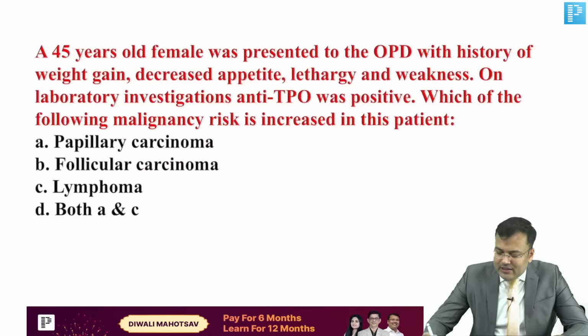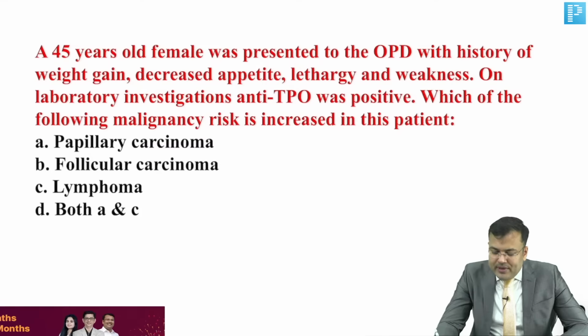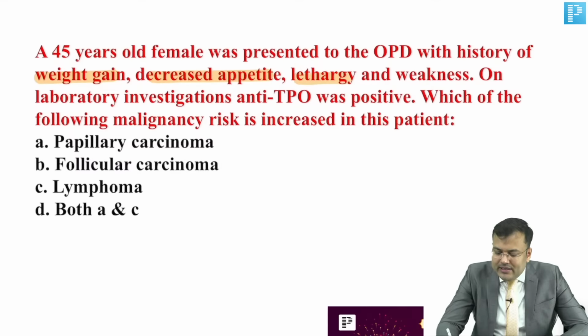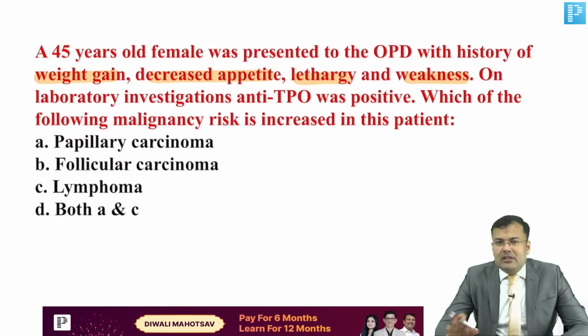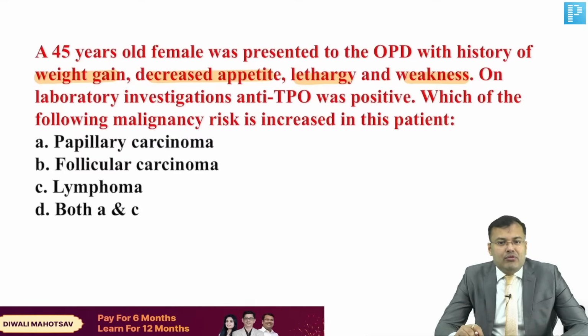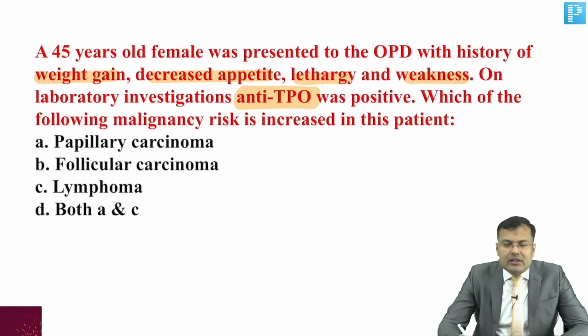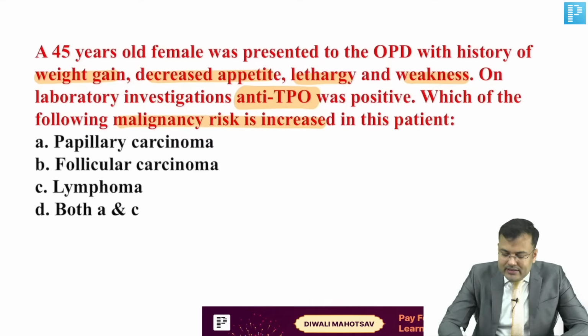Okay, guys. Now, see the next one. A 45-year-old female presented to OPD with a history of weight gain, decreased appetite, lethargy and weakness. All these are signs and symptoms of hypothyroidism. On laboratory investigation, anti-TPO, you got the autoantibody. Which of the following malignancy risks is increased?